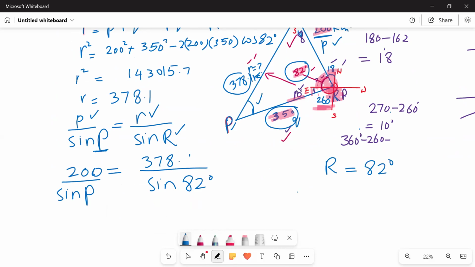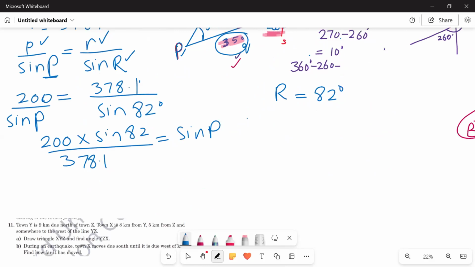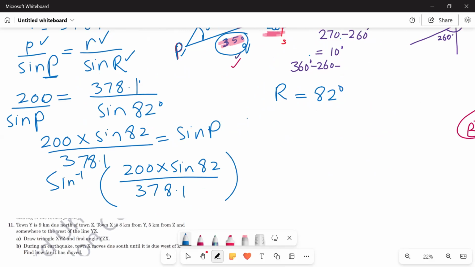Now we can use the cross multiplication formula. 82 over 378.1 is equal to sine P. Take the inverse of all these quantities, all measurements, and find angle P. So angle P is 31.6.